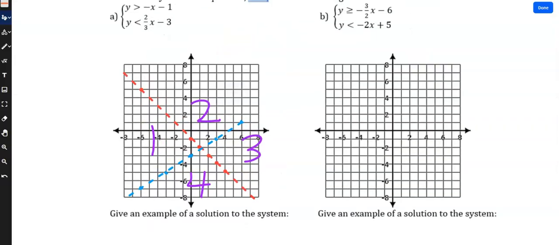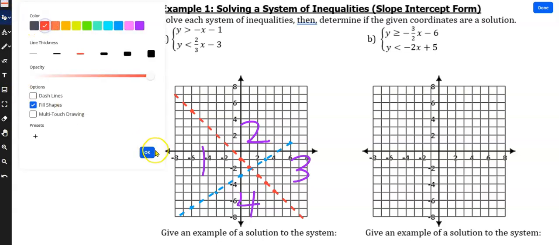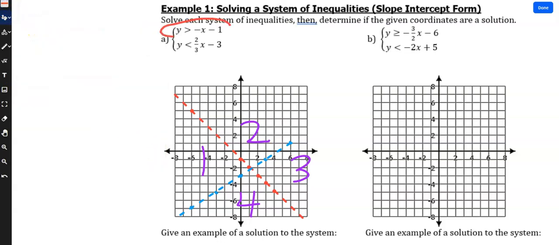For instance, on example 1 here, you can see I went ahead and graphed the first one in red, y-intercept at -1, with a slope of -1. And so you can see that I found -1, and then I went down 1, right 1, down 1, right 1, down 1, right 1.